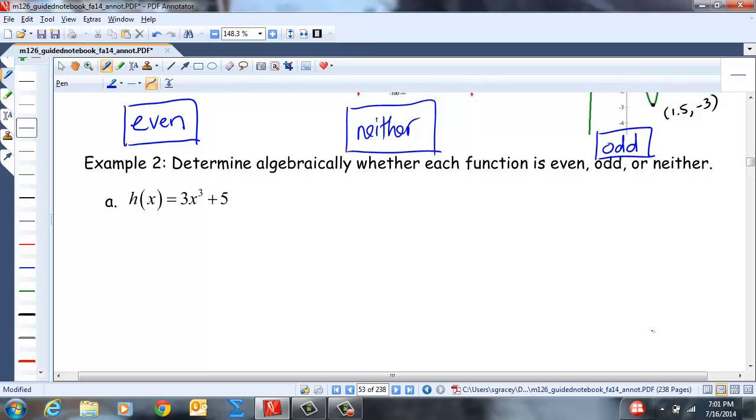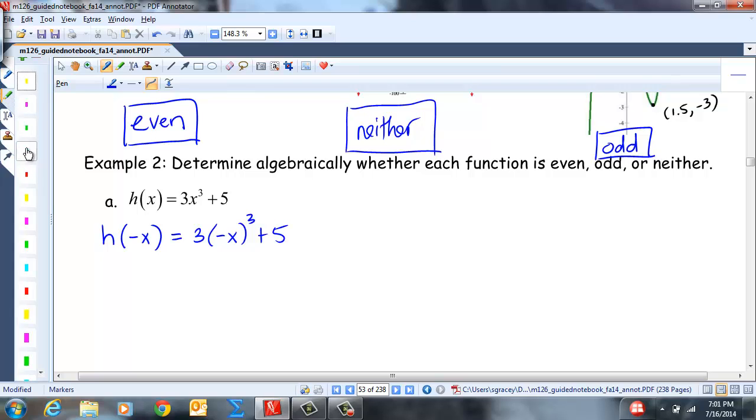So here we go. First of all, let's take a look at evaluating h at negative x to see what we get. We'll need that either way. So this will be 3 times negative x, the quantity cubed, plus 5. So I'm plugging in, wherever I see an x, a negative x.